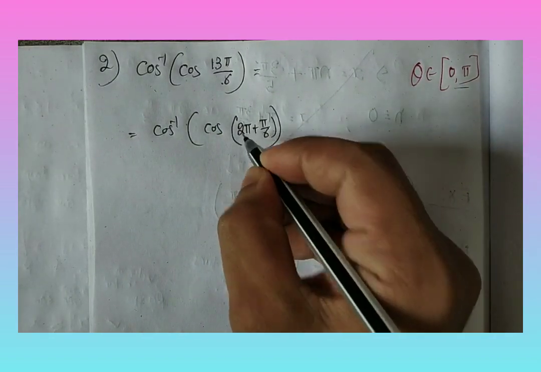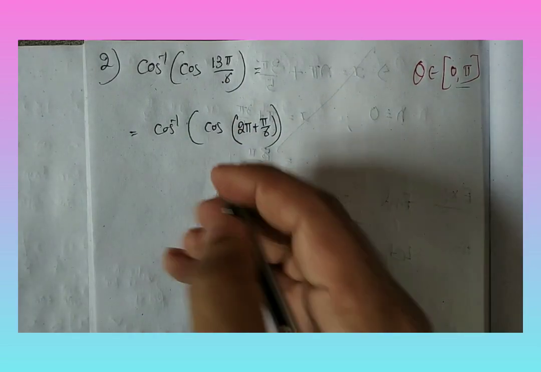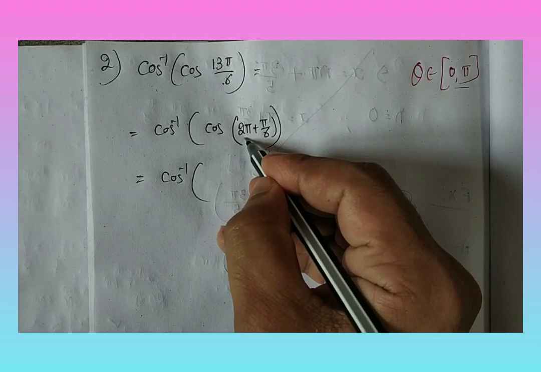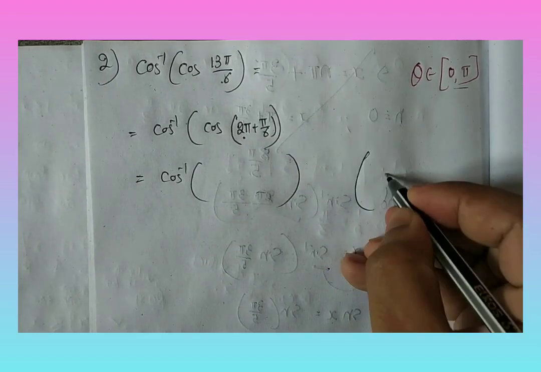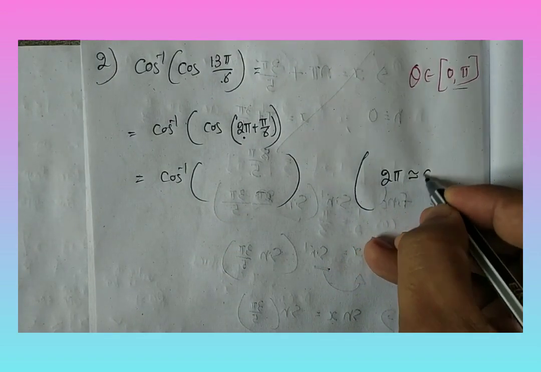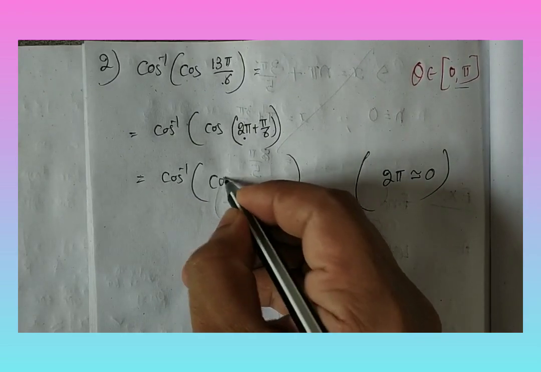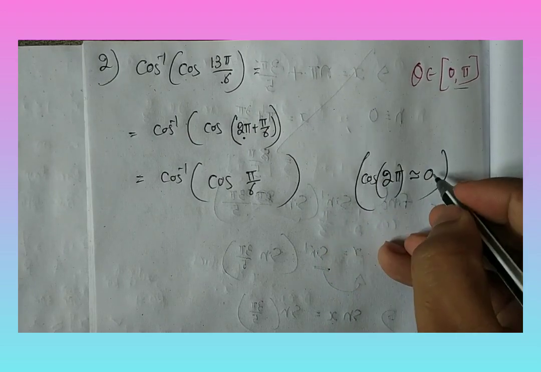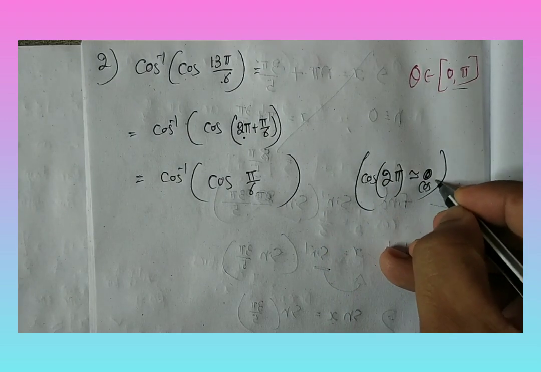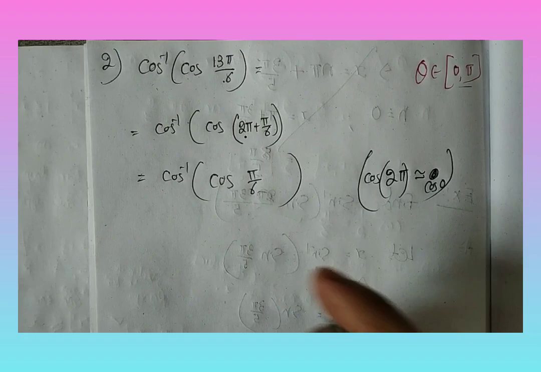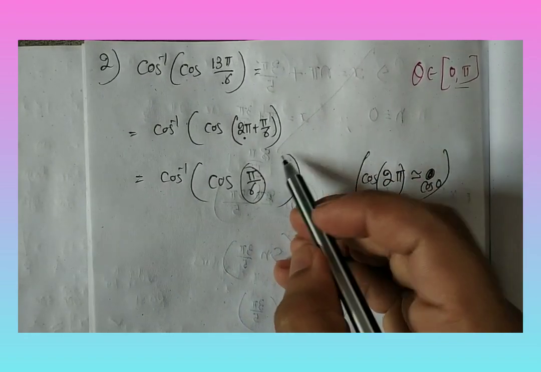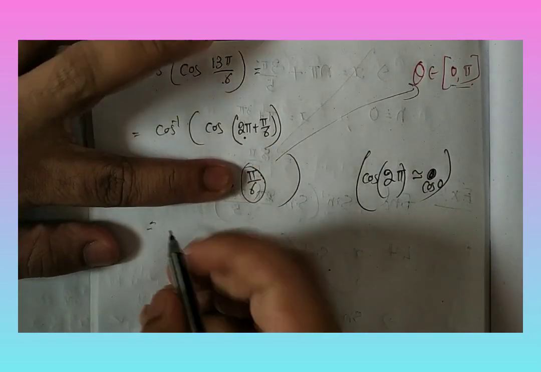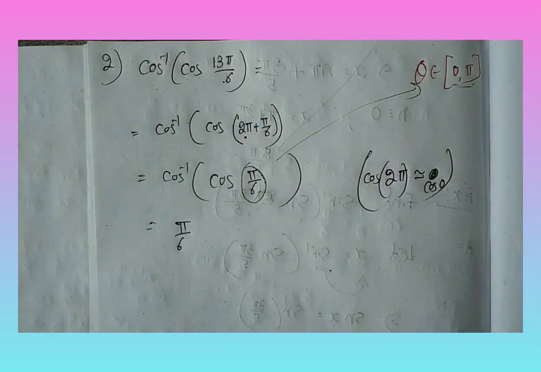If you simplify these two terms, we will get 13 pi by 6. Next, cos inverse, and we know that 2 pi is nearly equal to 0. Cos of (2 pi plus pi by 6) is equal to cos pi by 6, since cos 2 pi is equal to cos 0. Now this angle belongs to 0 to 180, so we can cancel these two terms and the result is pi by 6.